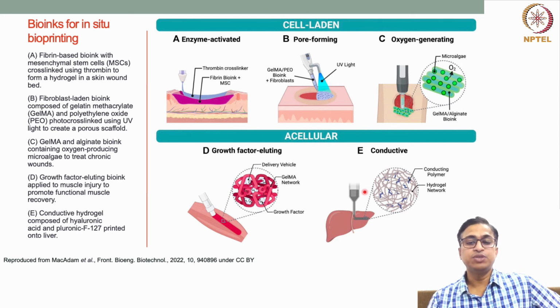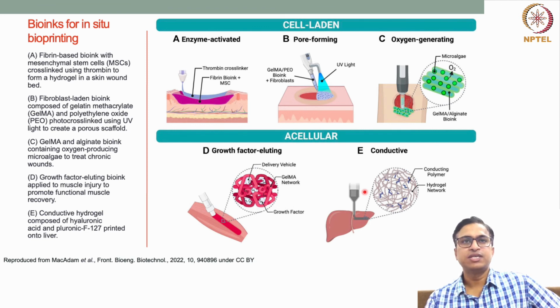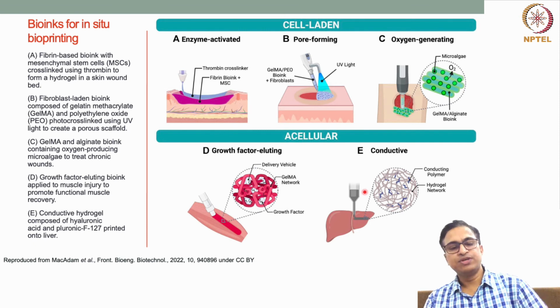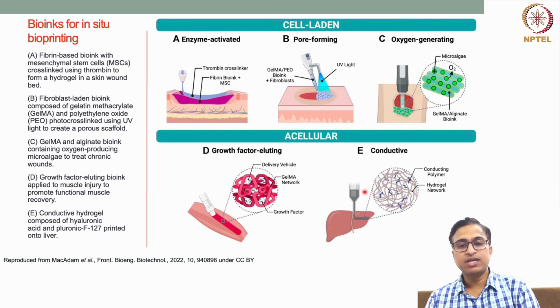Conducting polymers can be incorporated with different other materials and used as a bioink for bioprinting in that particular area where this helps for better tissue regeneration. Right? So these are some of the applications of bioinks.